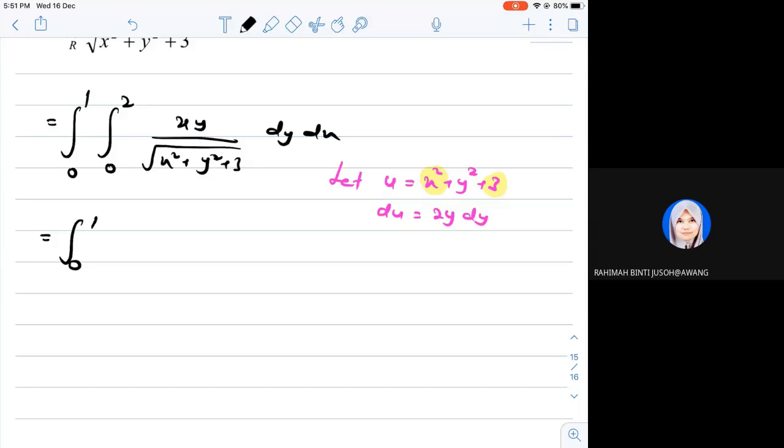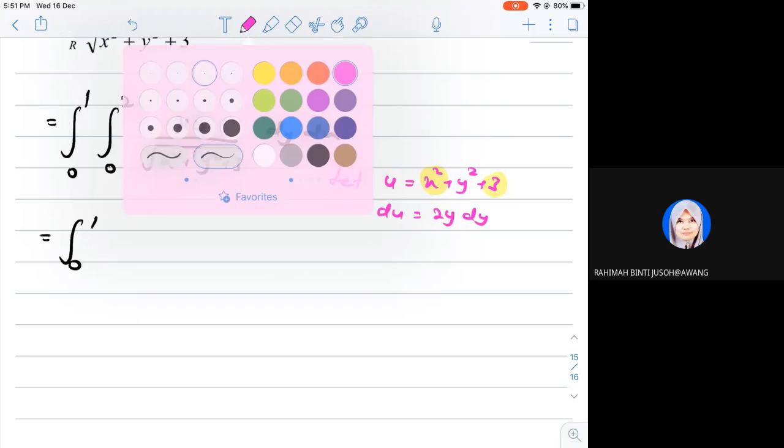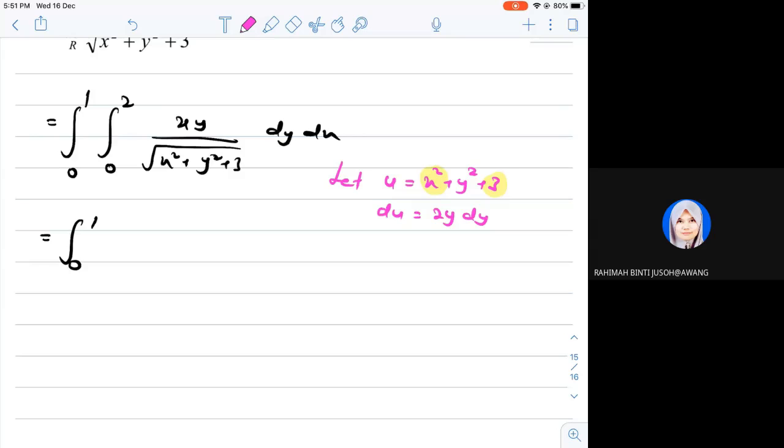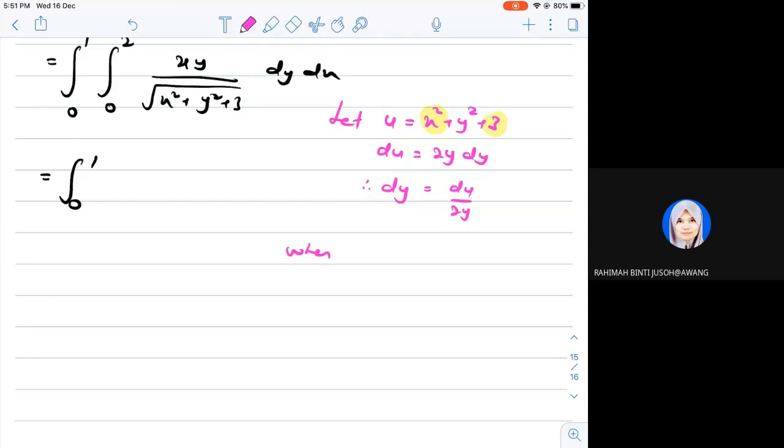Okay, what happens next is let us change the limit. I want to change the limit directly. Before that, du equals 2y dy, so dy equals du over 2y. Now I want to change the limit.